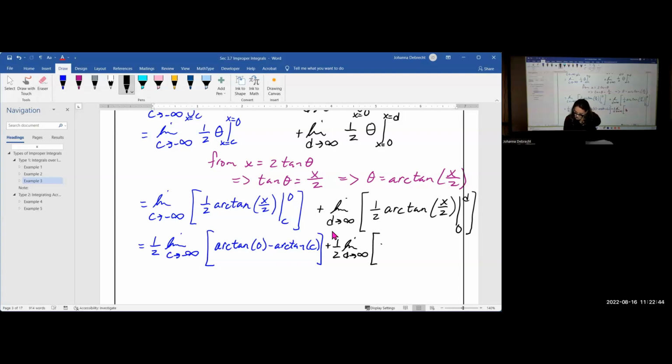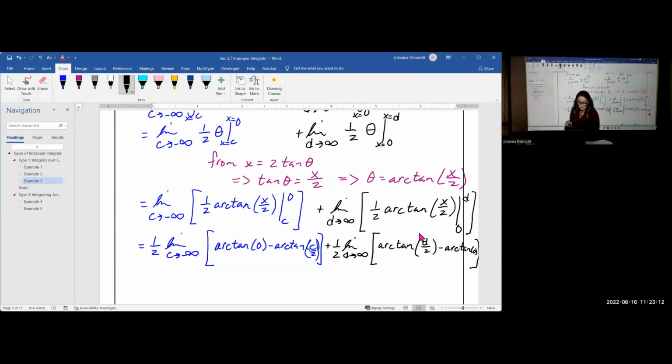And then I'm going to have the arctangent, and I lost my over 2 here. This should be c over 2. All right, 0 over 2 is still 0, so that one is fine. And then coming over here, I should have d over 2 minus the arctangent of 0 again.